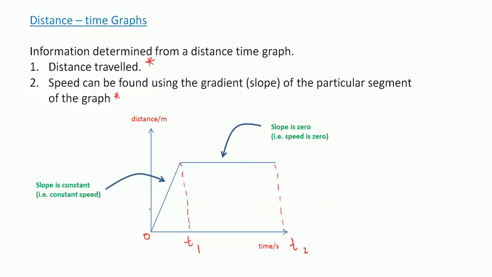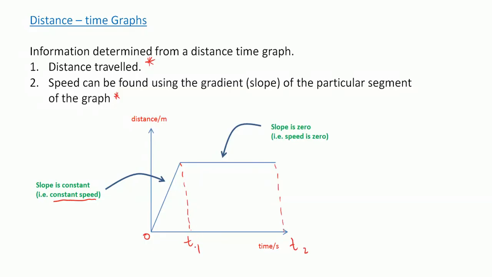Between 0 and T1 we have a straight line, and we know that this line has a positive gradient, and we also know that the slope is constant because it is a straight line. So if the slope is constant, it means that the speed is also constant, right? Because the slope of a distance time graph is really speed.